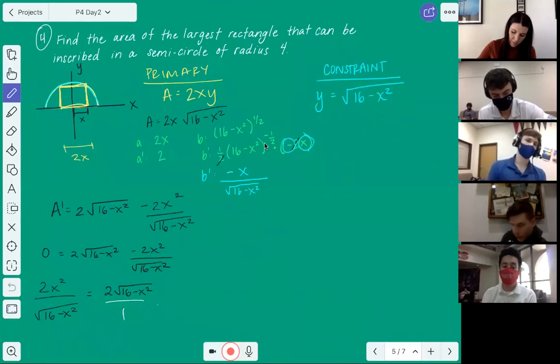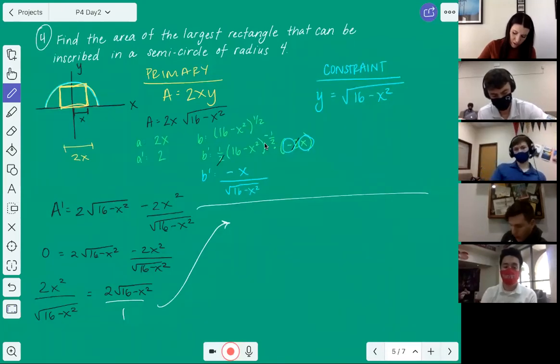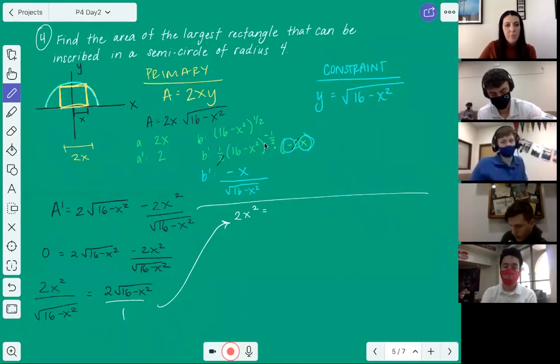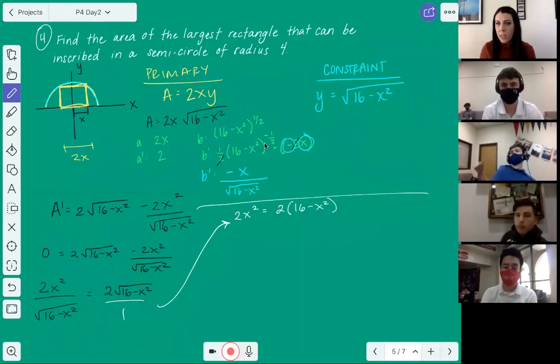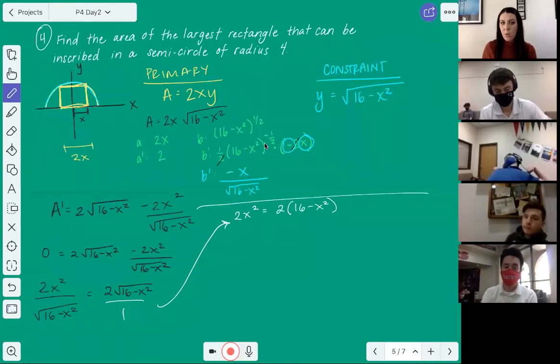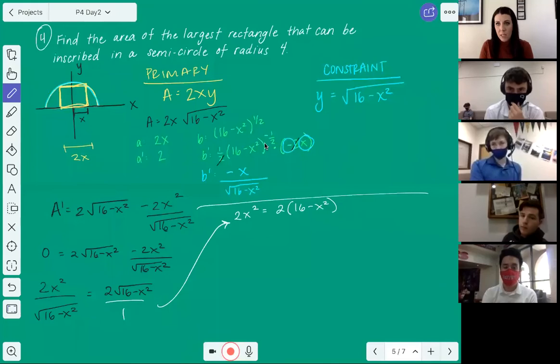That's going to give me 2x squared is equal to, what would you have on the right side of this now, Charlie? I think you would just have 2 times 16 minus x squared. Correct, because the square roots are going to cancel out. You just need parentheses there: 2 times parentheses 16 minus x squared. Because I have a square root times a square root, those cancel out.